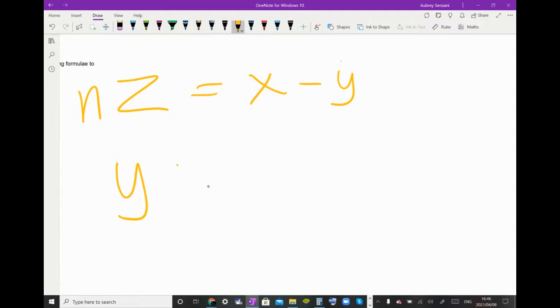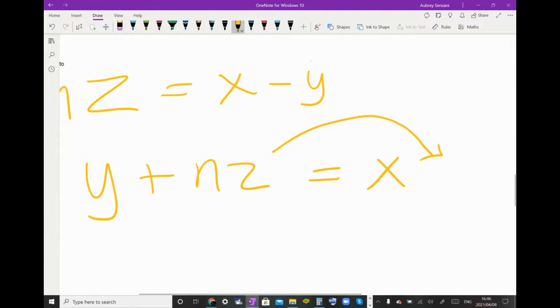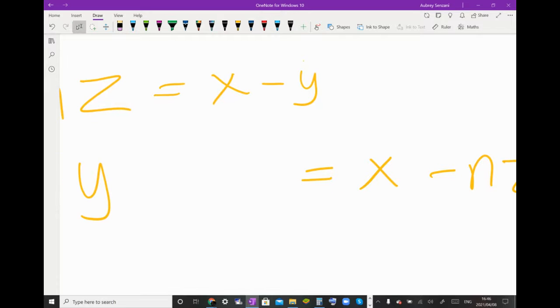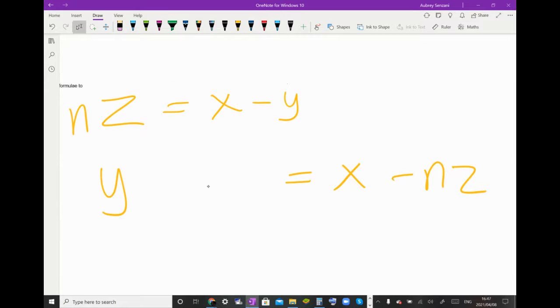So it'll be Y plus NZ is equals to X. Again, we want to make Y isolated, so we're going to throw this to the other side, and that will become a negative NZ. Let me just put that closer, and that should be your answer.